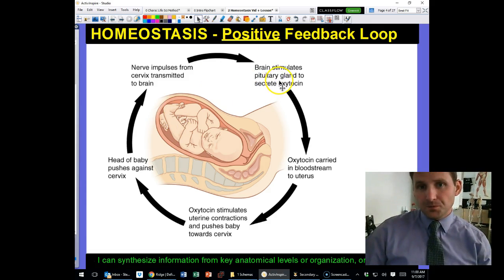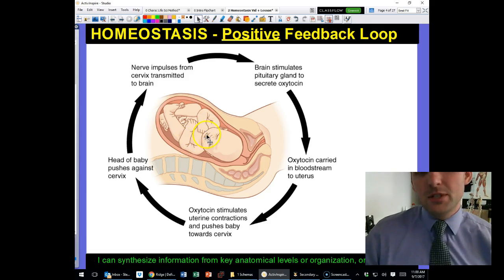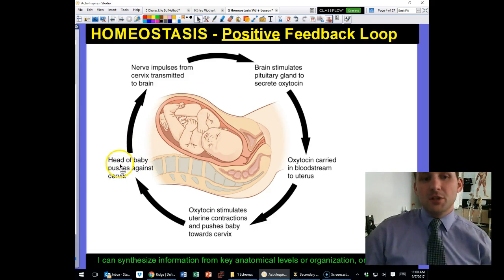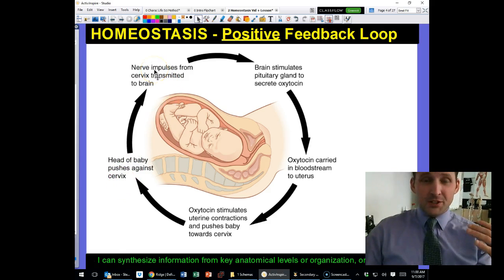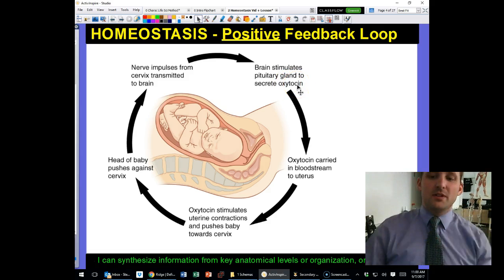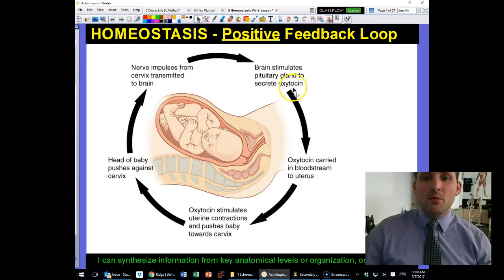So one example would be when a baby's being born. The mother's body senses the baby's head pushing against the cervix. That nerve impulse is sensed by the brain, so you have a receptor and a control center. The brain stimulates the pituitary gland to release a hormone, oxytocin. So this is your effector going out and stimulating more things. More oxytocin, so it's secreting oxytocin.